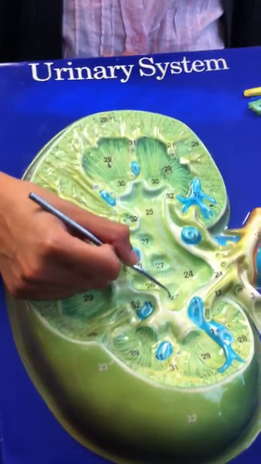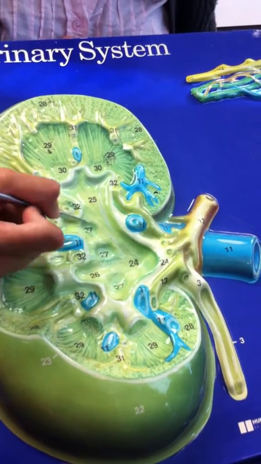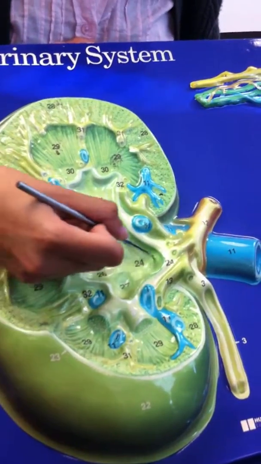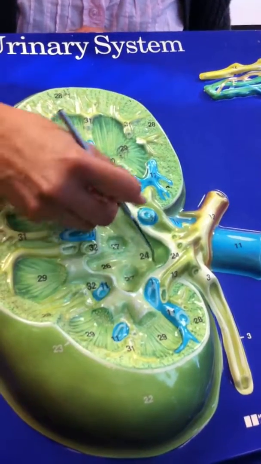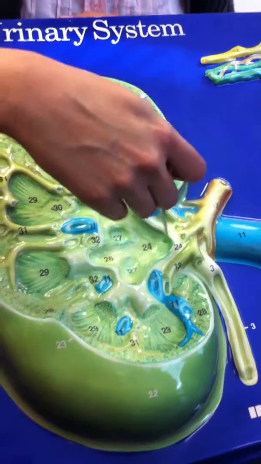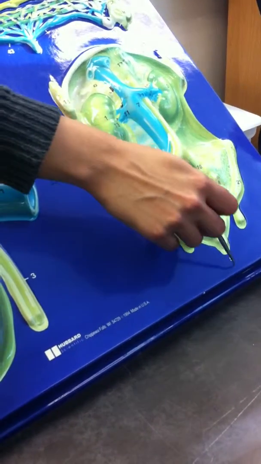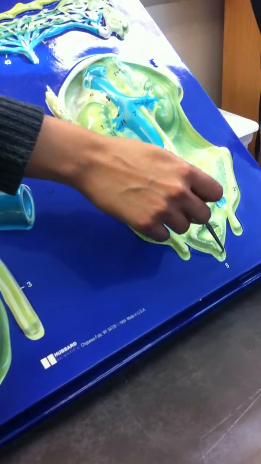Minor calyx. Minor calyx joins to form major calyx, and then it opens into a common region, the renal pelvis. The renal pelvis opens into the ureter that communicates to the bladder, and then the urine is given out through the urethra.